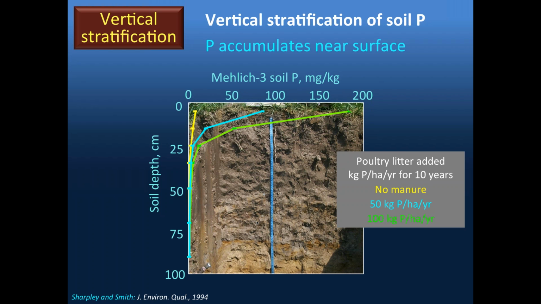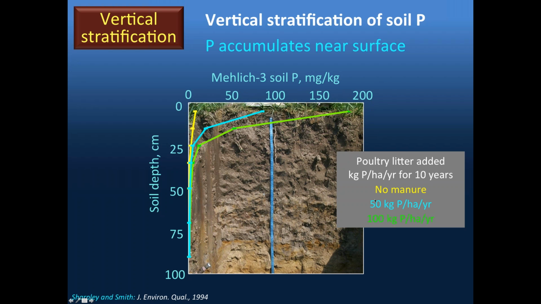So here's a study that a colleague of ours, Andrew Sharpley, did in Oklahoma, where they added poultry litter as a phosphorus fertilizer to the surface of soils that were in grass. And over 10 years, you can see the differences in the amount of phosphorus that's at the surface related to the different rates of application.